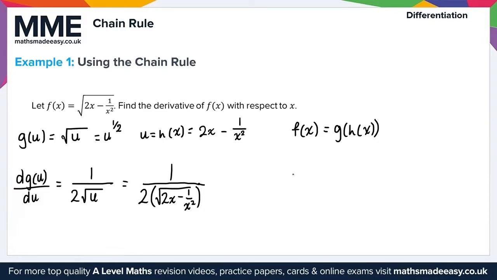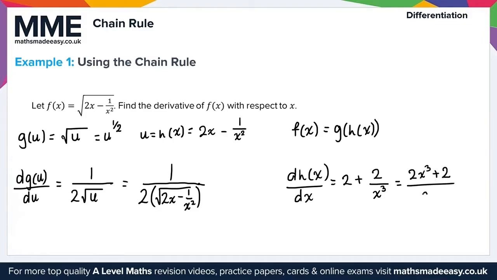Well, that's simply going to be the derivative of 2x minus 1 over x squared with respect to x. That will give us 2 plus 2 over x cubed, which we could write, if we prefer, as 2x cubed plus 2 all over x cubed.